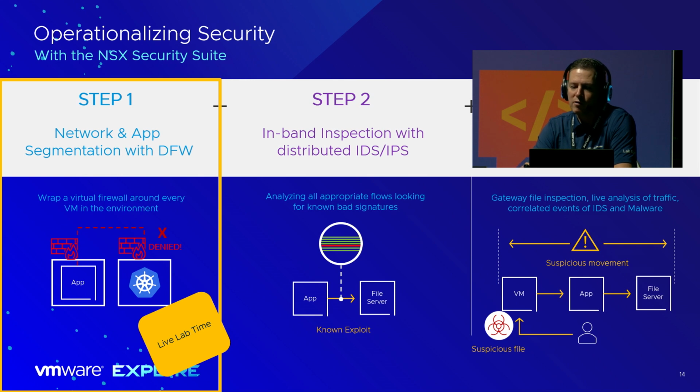We'll see in our lab, when a file is downloaded and it wants to write to the disk, we intercept that file using the guest introspection protocol, and we take that file and scan it on our sandbox. We also have this capability on the north-south gateway. In this lab specifically, it's going to be on the north-south gateway.